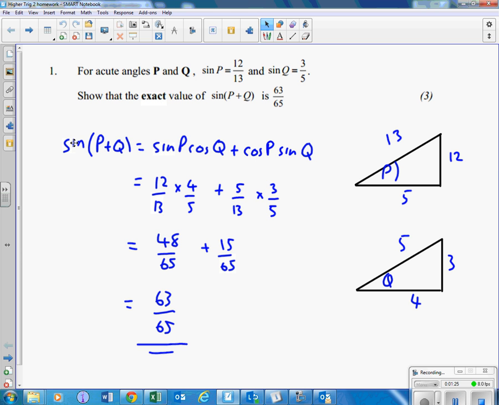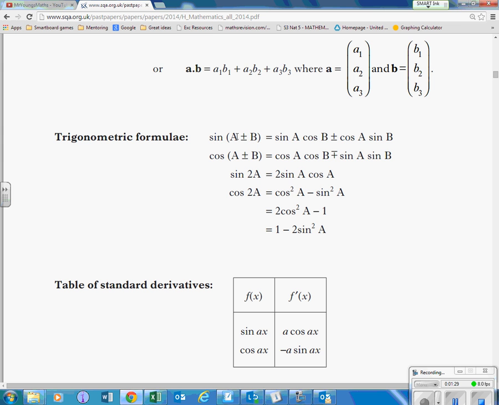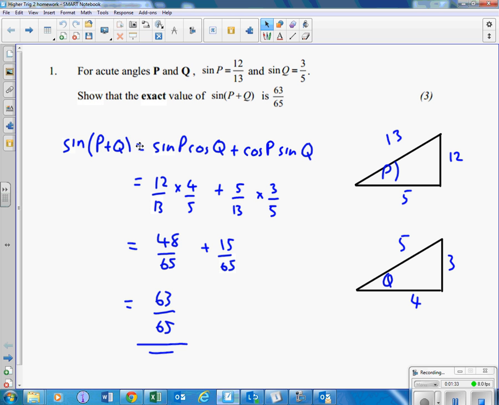So next step, sin of P plus Q. If we look back at the formula, well, sin of A plus B goes sin A cos B plus cos A sin B. So sin of P plus Q would be sin P cos Q plus cos P sin Q. Just have a look at the diagrams over here to get each one. Sin of P, well, actually we're told that in the question, so 12/13. Cos Q, cos is adjacent over hypotenuse, 4/5.